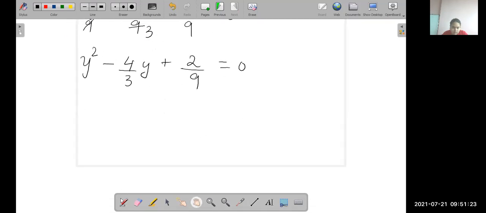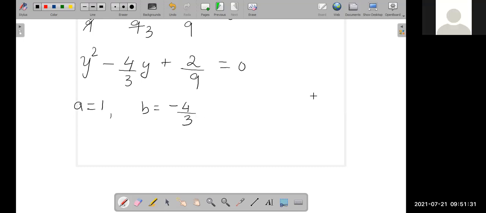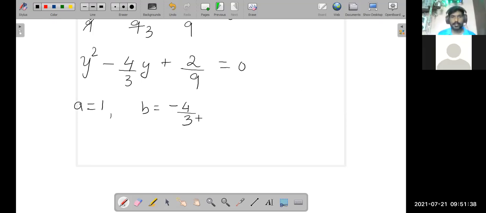Okay. Now just find out b by 2. First write a is 1, b is minus 4 upon 3, and c is 2 upon 9. Be careful with the sign. B is minus 4 upon 3.